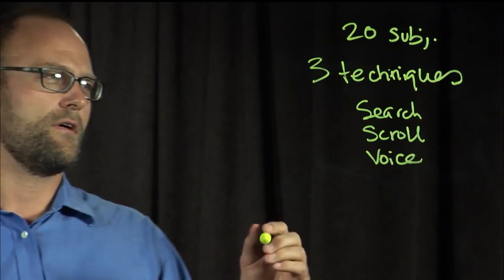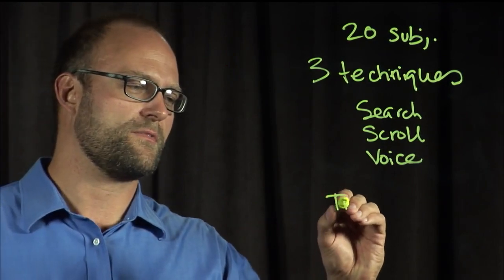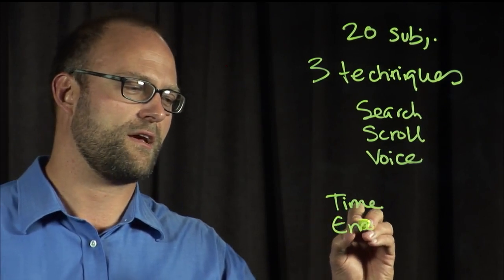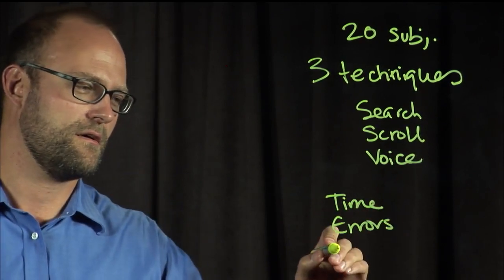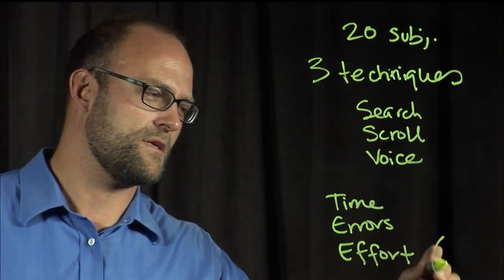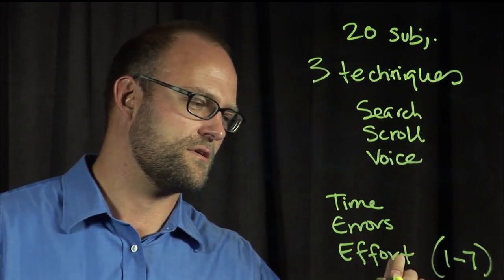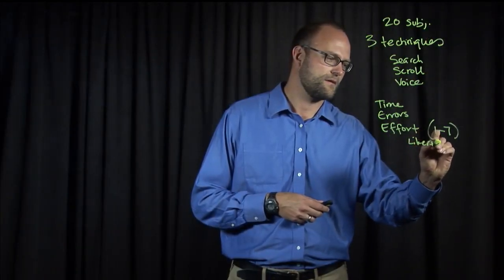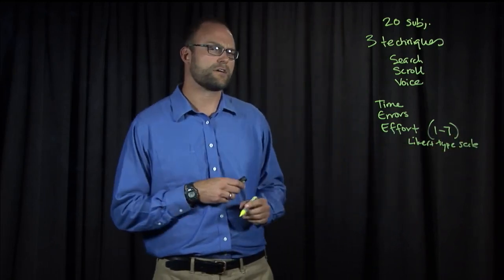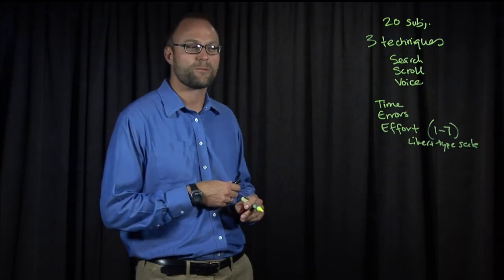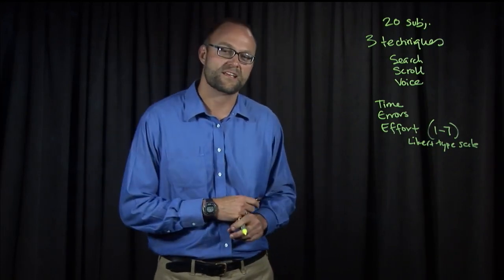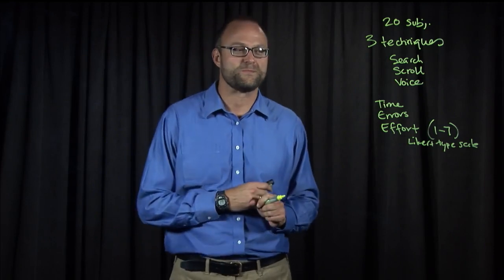And the measures that we want are the time to find the contacts, the number of errors made, and the effort on a 1 to 7, what's called a Likert type scale. Things are getting a little bit more interesting than we've looked at before, but we're able to take on more complicated analyses because we have more sophisticated analyses at our disposal.